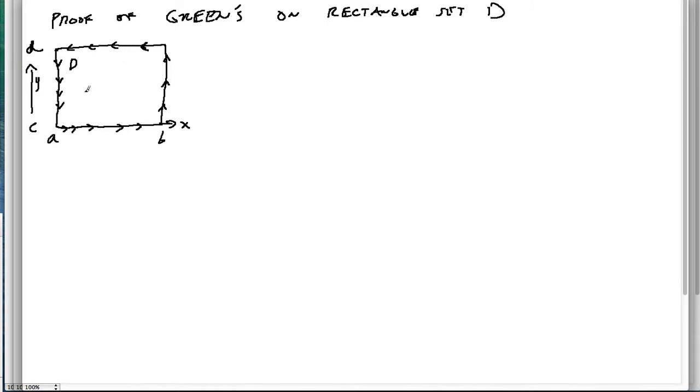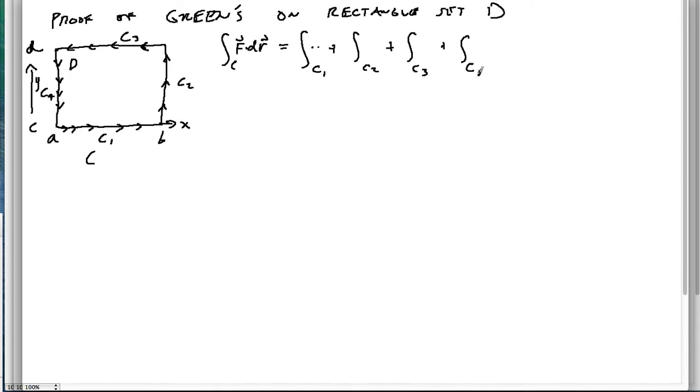So C is the big path going all the way around, but we can break it into 4 little paths: C1, C2, C3, and C4. All right, and so the integral of f dr around the whole path is actually going to be the integral of C1 plus integral of C2 plus integral of C3 plus integral of C4.